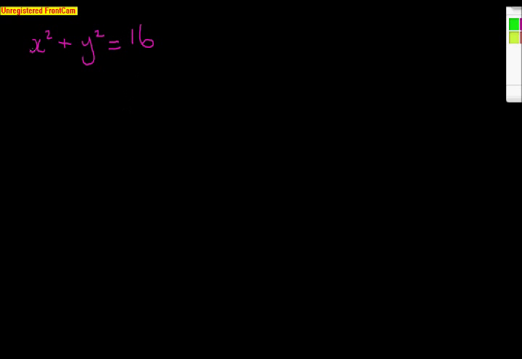Now, this is in that first standard form, so the center of our circle is going to be at 0, 0. Our radius here is 4, because we could rewrite this equation as x squared plus y squared equals 4 squared.